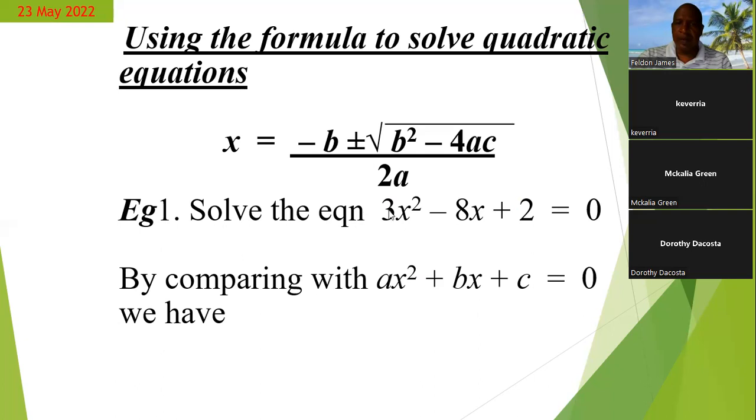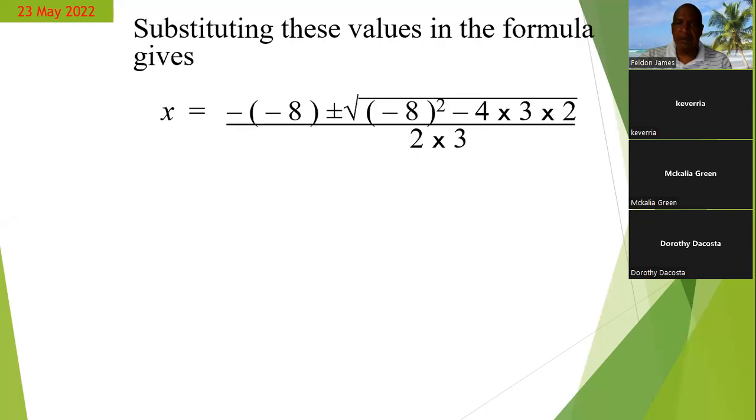So when we compare these, we note that A is equal to 3, B equal to -8, C equal to +2. So we plug these values in the formula like that. But we need to work out under the root sign first.